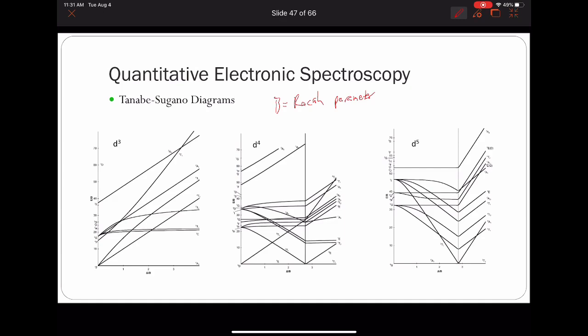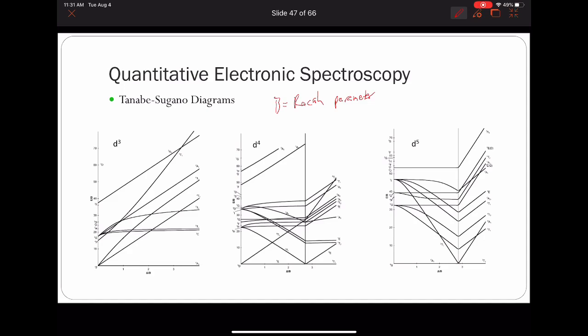Now, if we think back to our selection rules, first off, we have the Laporte selection rule that says that for a transition to be intense, it must change its symmetry with respect to the inversion center. However, all of our d to d transitions are Laporte forbidden, so we're not going to worry about that right now.